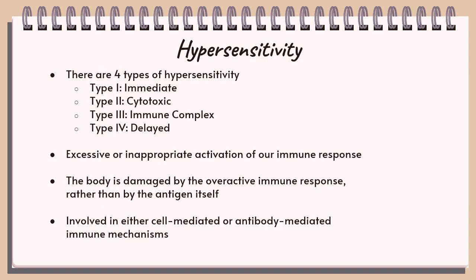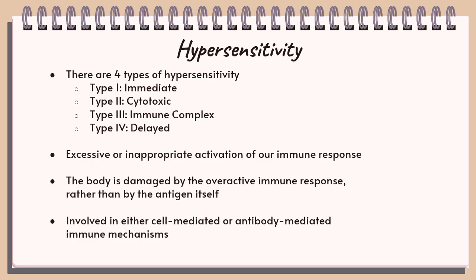All right, let's get into the different hypersensitivity reactions. There's 4 different types. Type 1 is immediate, type 2 is cytotoxic, type 3 is immune complex, and type 4 is delayed. So this could be excessive or inappropriate activation of our immune system. Hypersensitivity. We're too sensitive. Our immune system is too responsive, right?